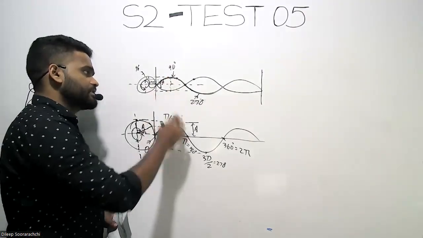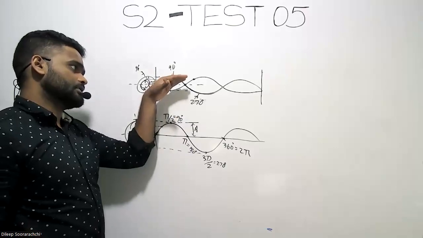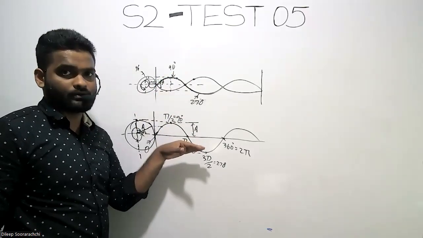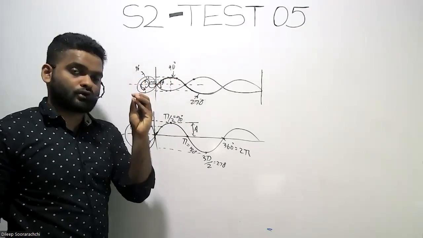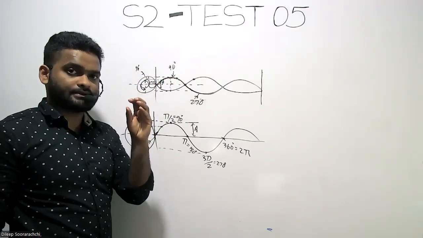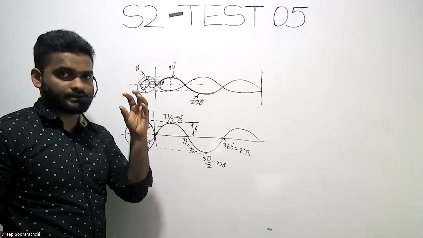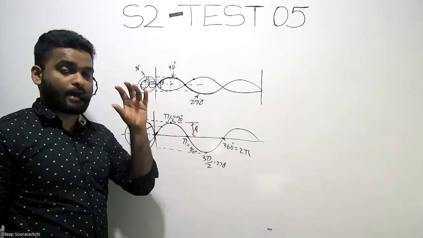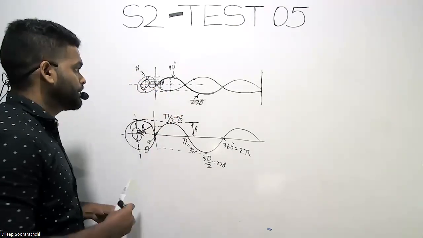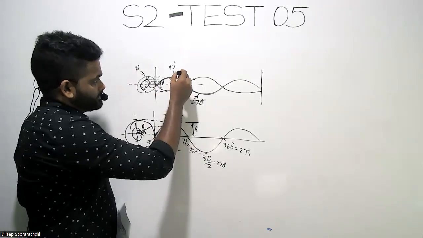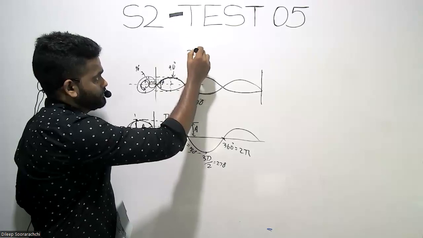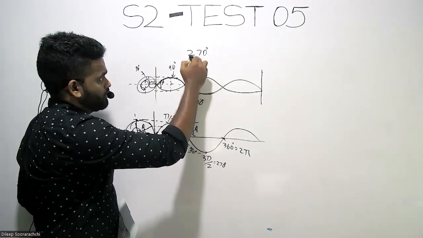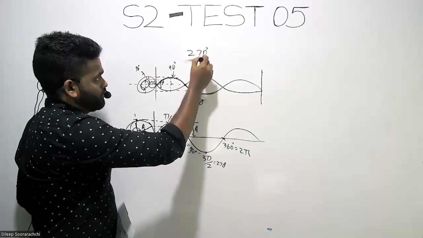That's the key difference between standing waves and progressive waves. For standing waves, you have to draw a bunch of circles related to their amplitude. So what's the difference? 270 minus 90. So the difference should be 180.